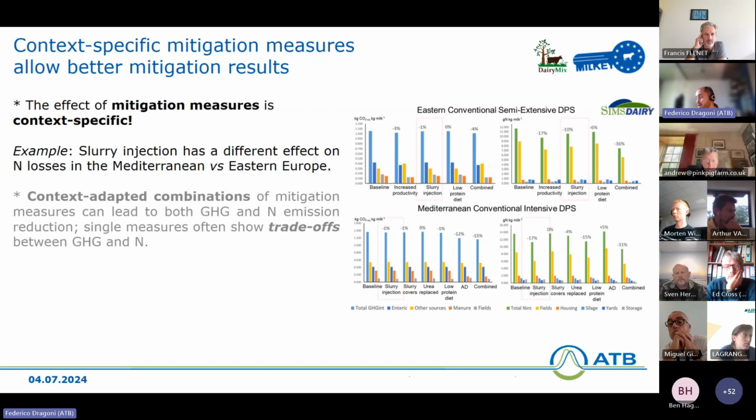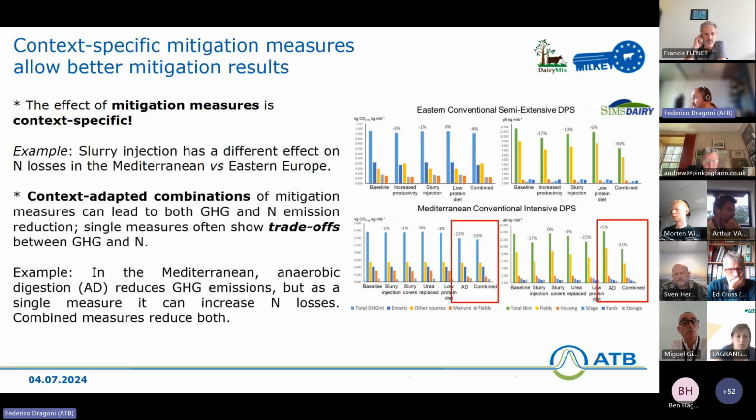For instance, you can see that anaerobic digestion, the acronym AD, when considered alone, leads to a nice reduction in greenhouse gas emissions, but even to a slight increase, plus 5%, in nitrogen losses under Mediterranean conditions.